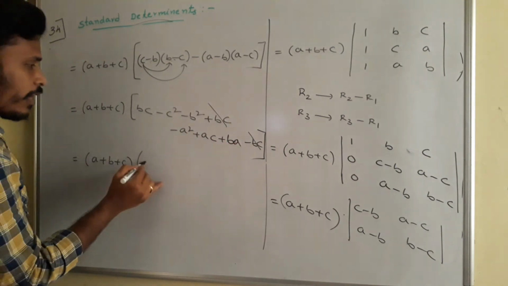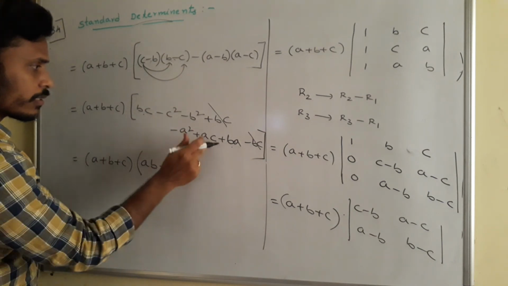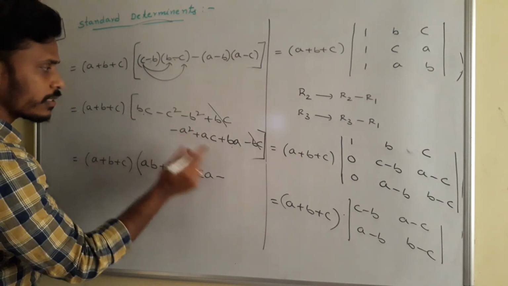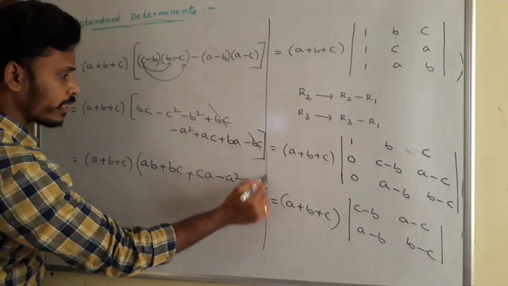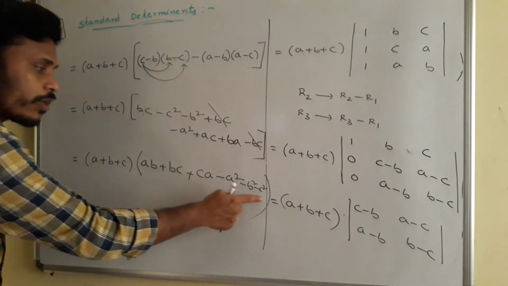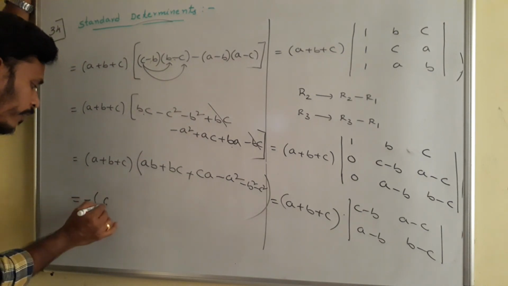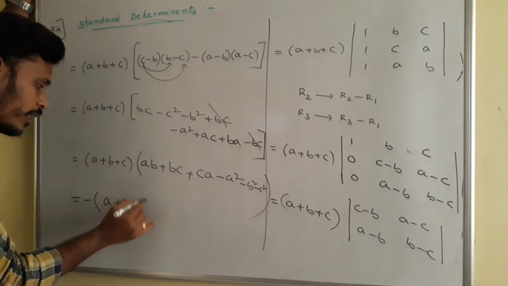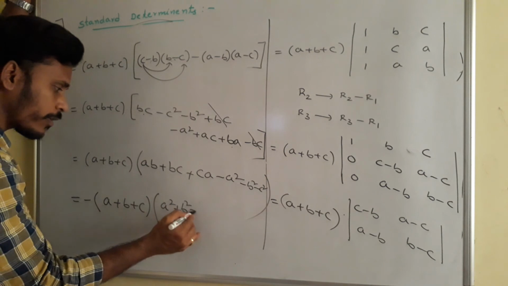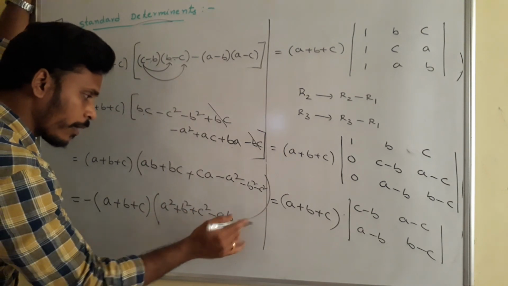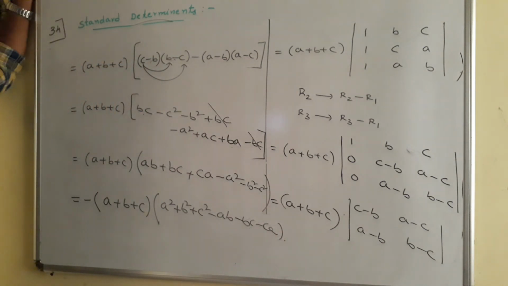If I rewrite here, I have AB plus BC plus CA minus A square minus B square minus C square. And now in this term, if you common out minus of A plus B plus C into, you write minus out, so that's why A square plus B square plus C square minus AB minus BC minus CA. Just have a look.